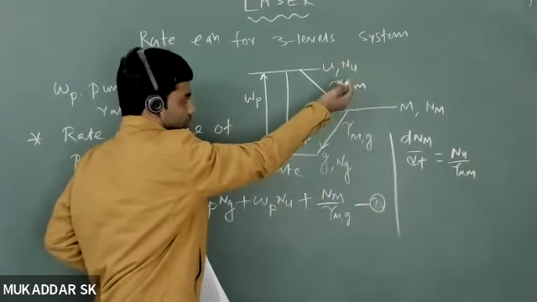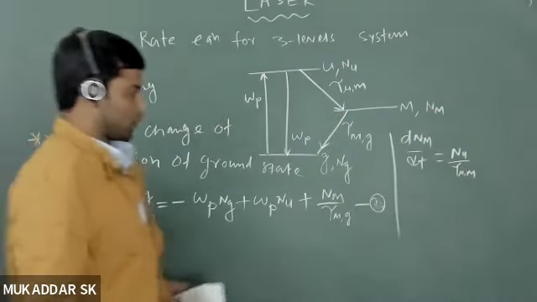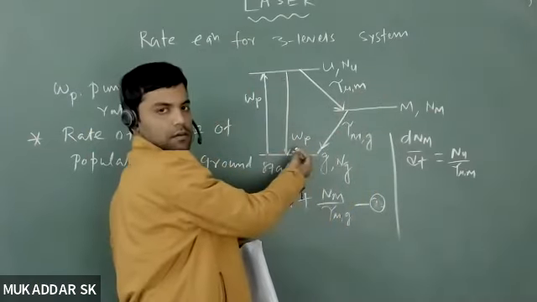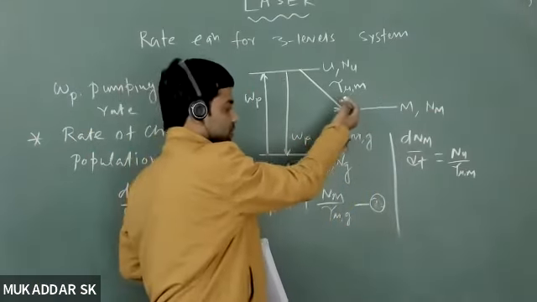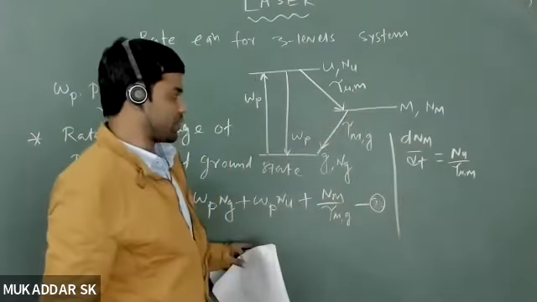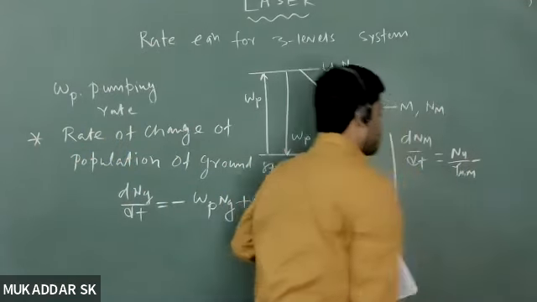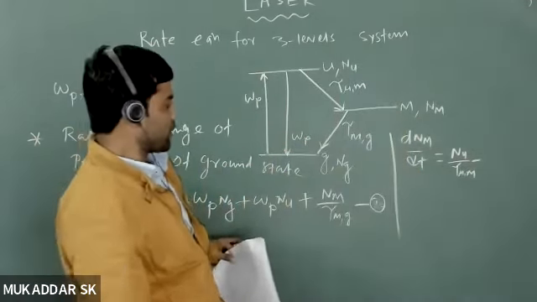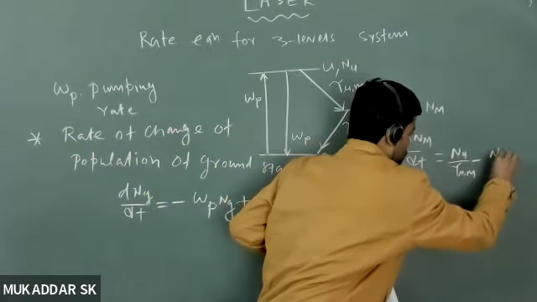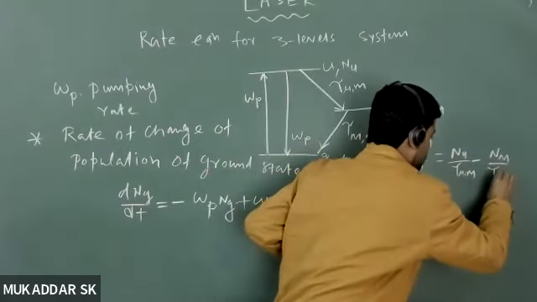Nu by tau um. And the decay from metastable state to ground state will decrease that population. Since this is decreasing, I'll use a minus sign. At what rate? Nm by the lifetime of this decay, tau of mg.